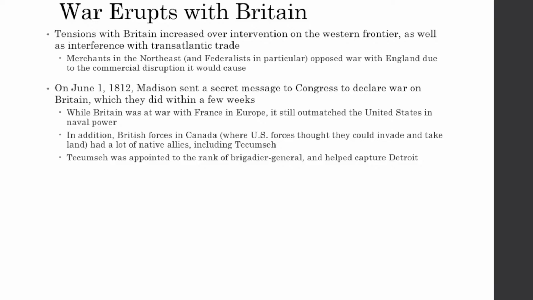So this wasn't, oh yeah, here's our native ally that we're just going to give a gold star and say he can lead some people. He was the same rank as Washington in the Revolutionary War. This dude was leading armies against the U.S. We had made an enemy.